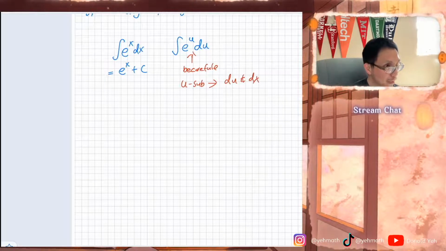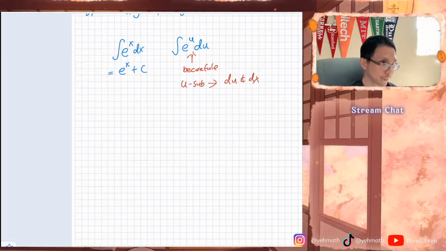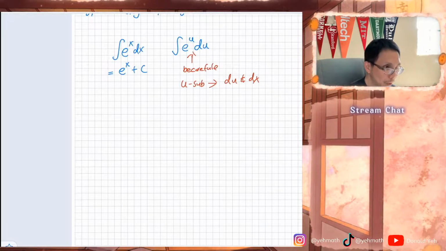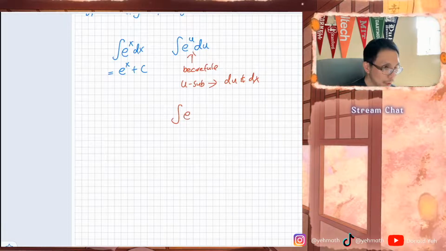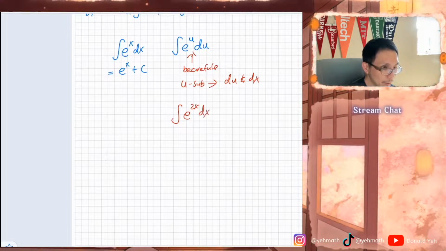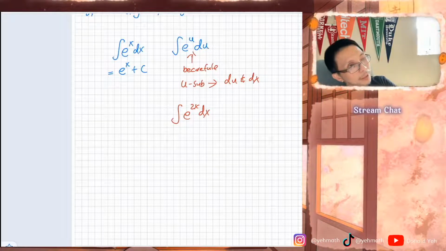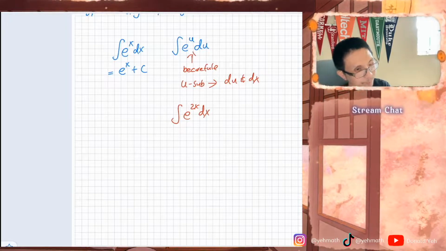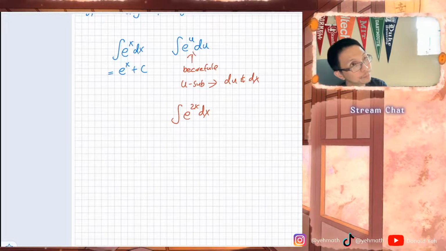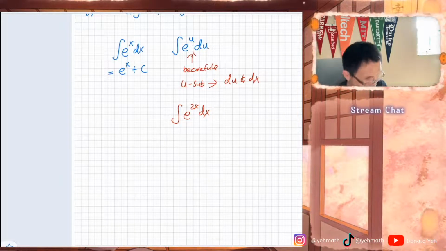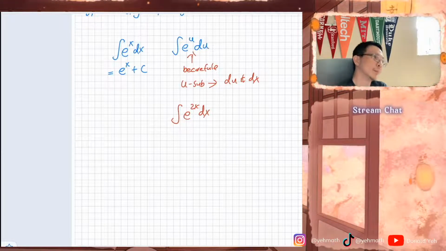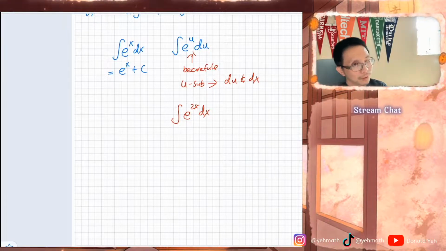There's something that you have to pay attention to. So what do you think the integral of e to the 2x is? What do you think? What's the integral of e to the 2x?